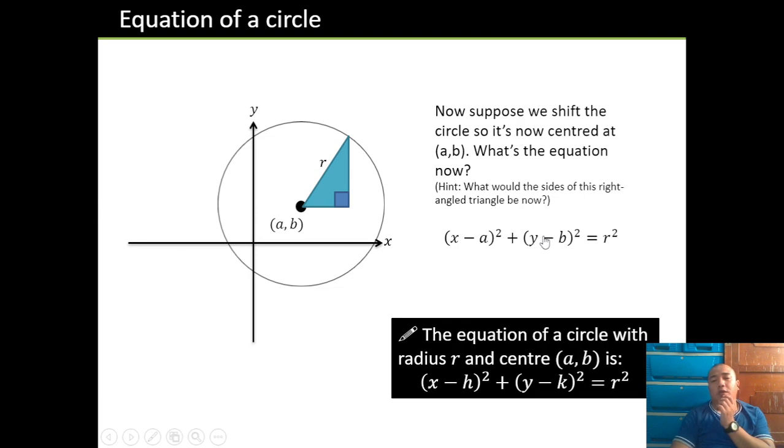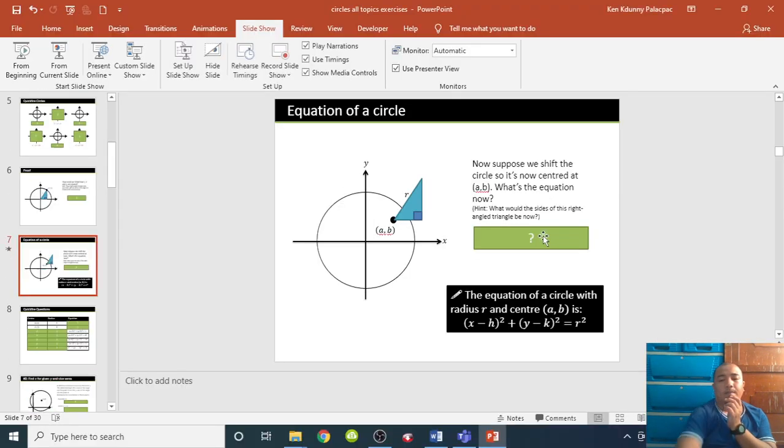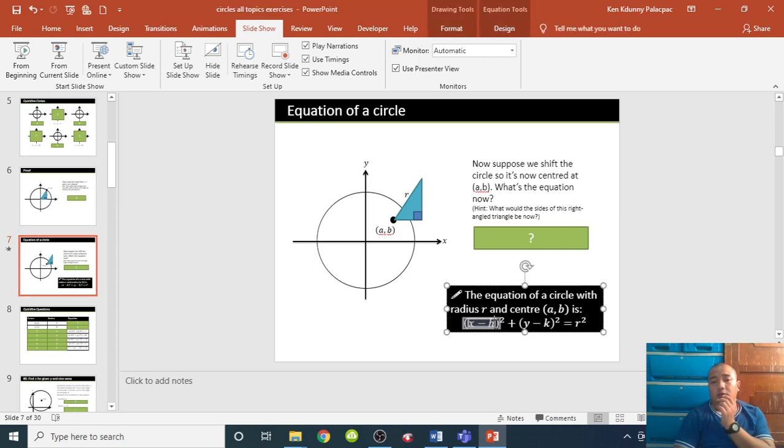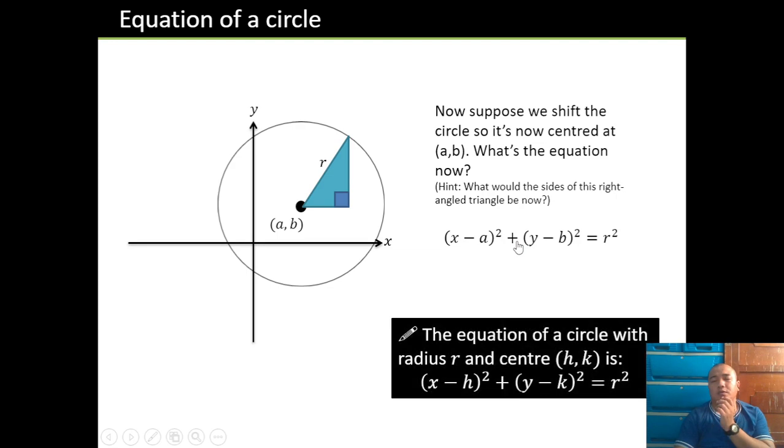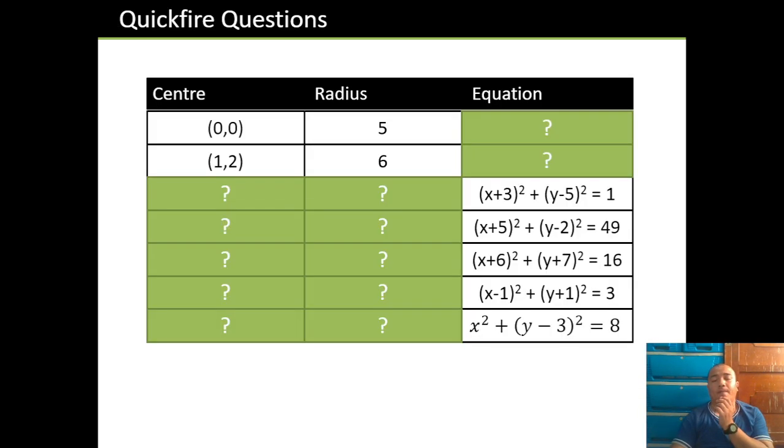So the equation is x minus a quantity squared plus y minus b quantity squared equals r squared. If the center is h, k, of course, x minus h quantity squared plus y minus k quantity squared equals r squared. This is the standard form of the equation of a circle.